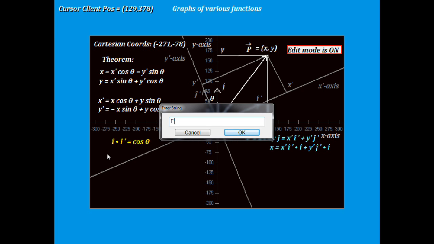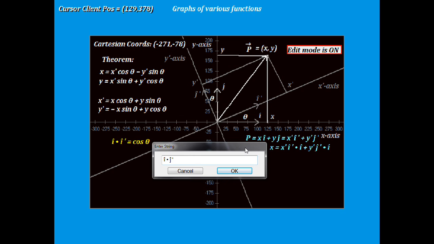That's what we want. No, it's i, sorry, dot j prime. Alright. i, j, 1 times 1 times cosine of the angle between them, which is the cosine of pi over 2 plus theta.